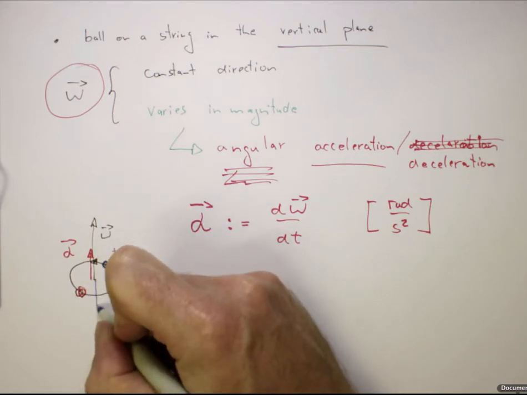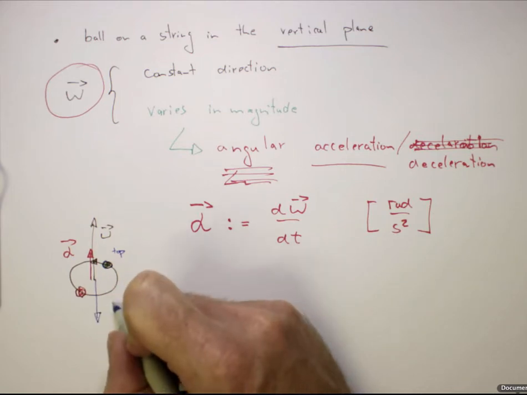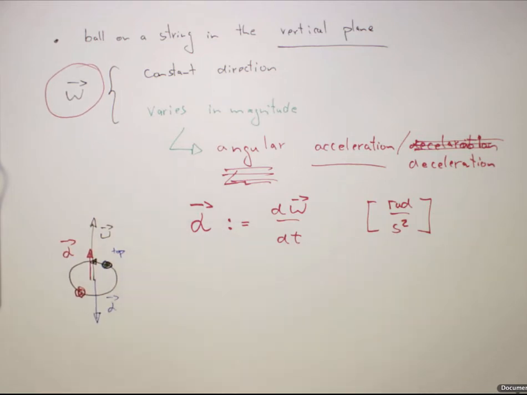So here omega still points upward, but we have an alpha vector pointing downward, an angular acceleration that points downward.